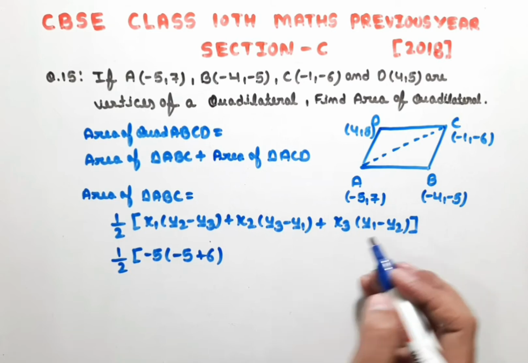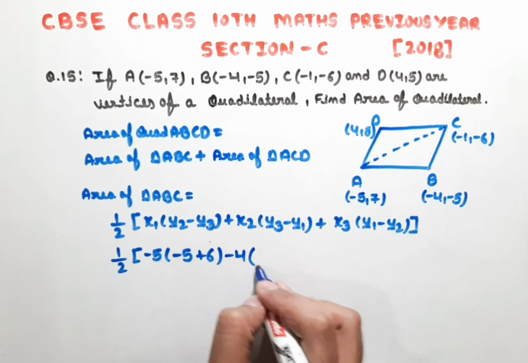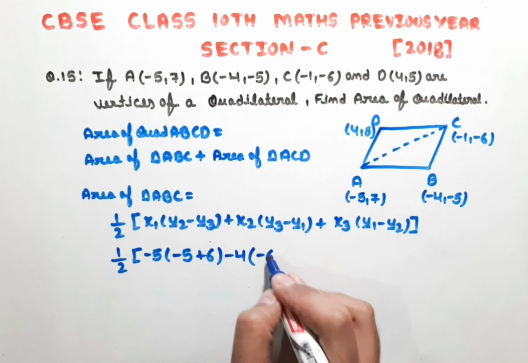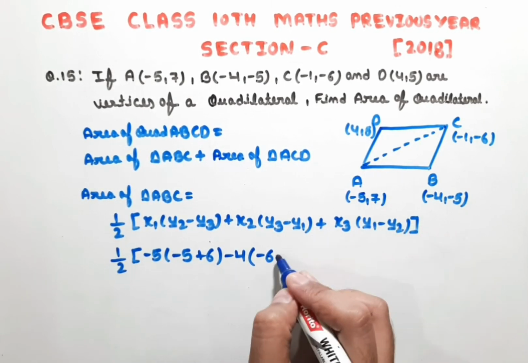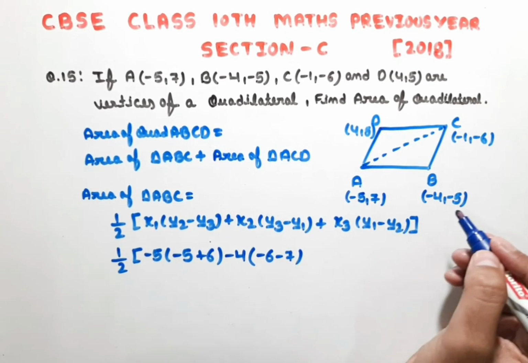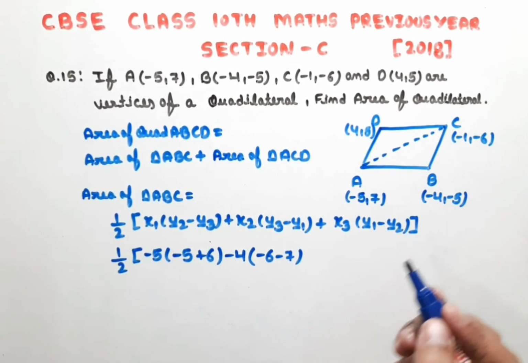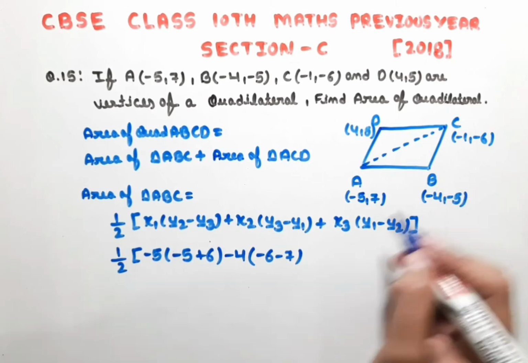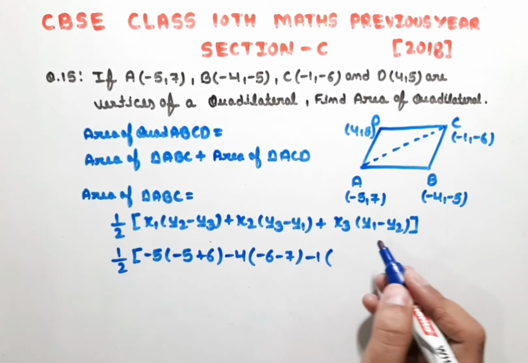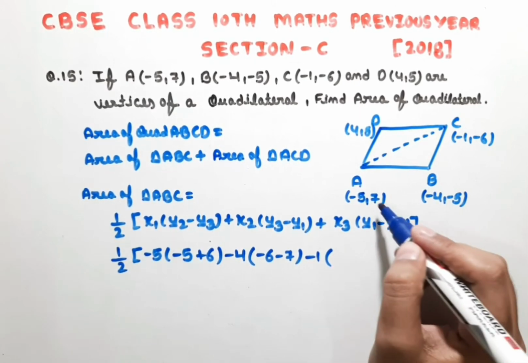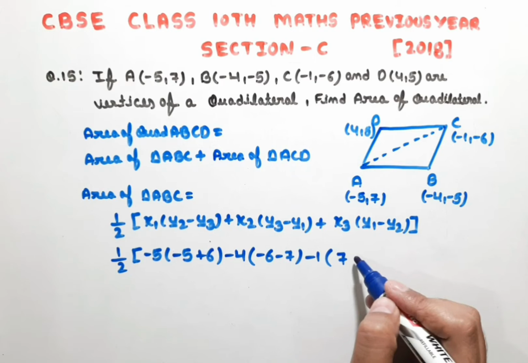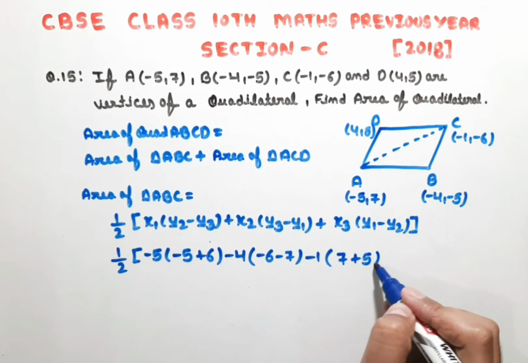Plus x2, that is minus 4, times (y3 minus y1), y3 is minus 6 and y1 is 7, so minus 13. Plus x3, that is minus 1, times (y1 minus y2), y1 is 7 minus y2 is minus 5, so plus 12.